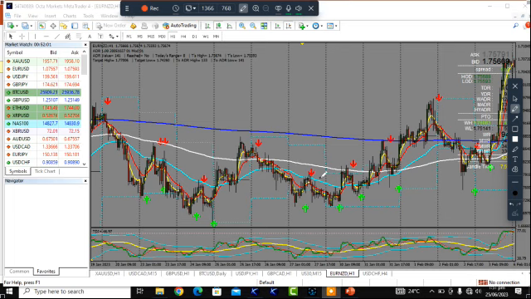For example, look at what happened here. This is a little buying of the market, and then another little buying, but here there is a shark fin showing you that the market has overbought, and you thought the market would come down, but it continued to go up.